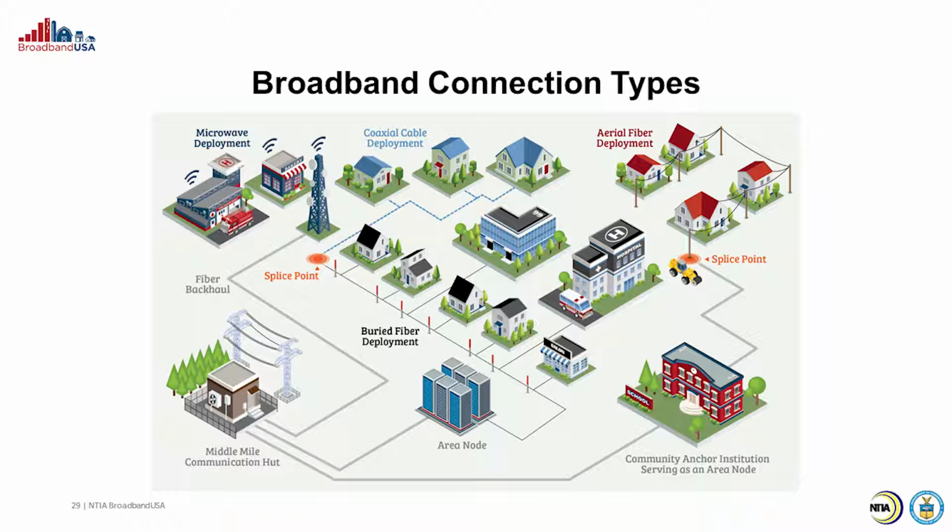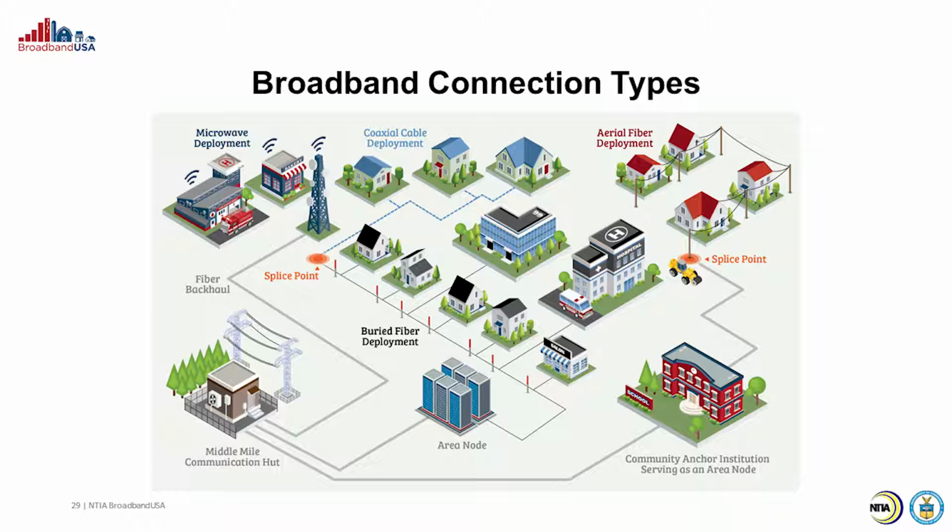Particularly if you live in an area of homes that have coaxial cable, you'll see that coaxial cable deployment here, generally underground or buried, but again goes directly into the home to connect your television and other devices within the home.